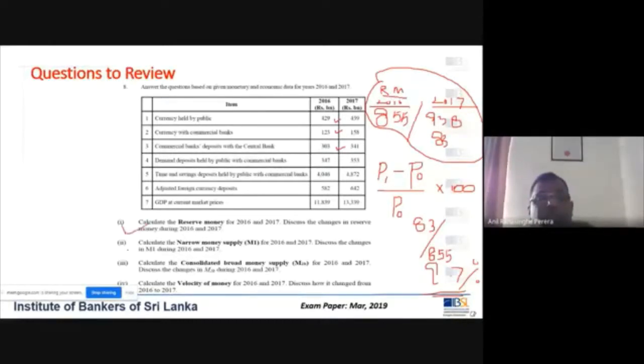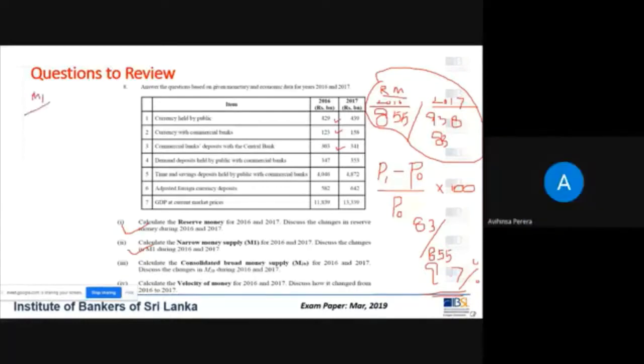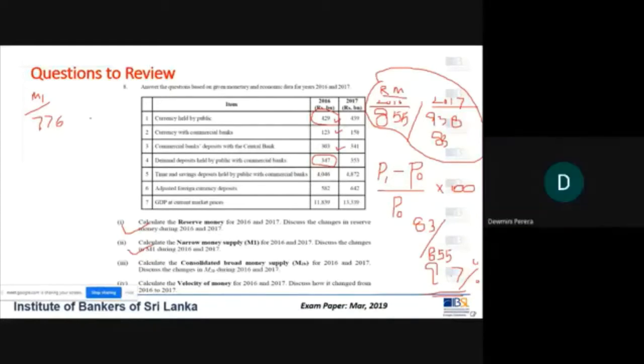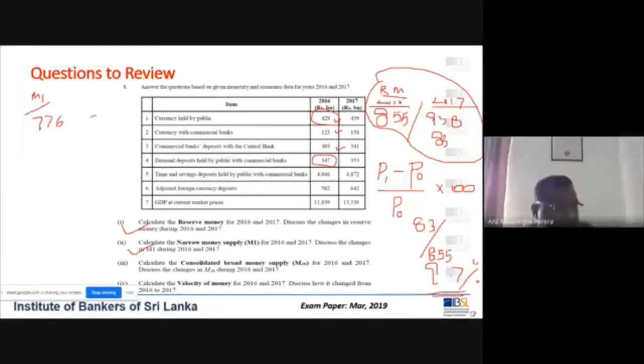Part 2, narrow money supply for 2 years. What is the narrow money supply for 2016? M1. 776. What you do is you add up currency held by the public and demand deposits held by the public. 2017, how much? 792.